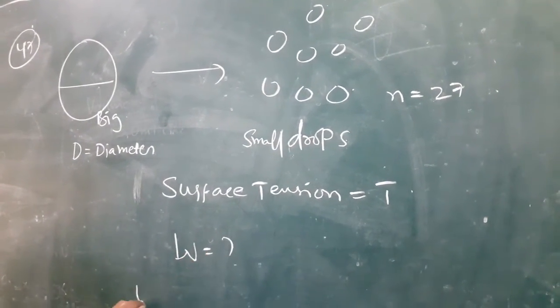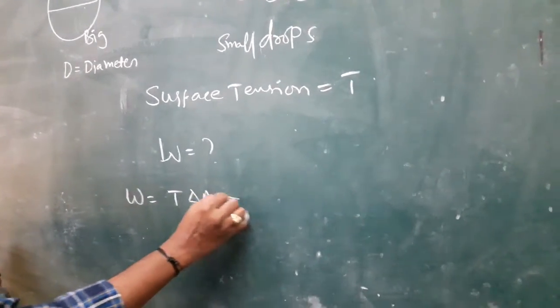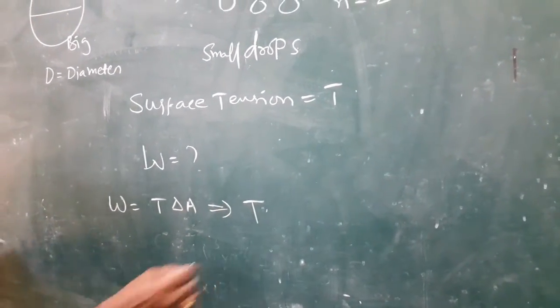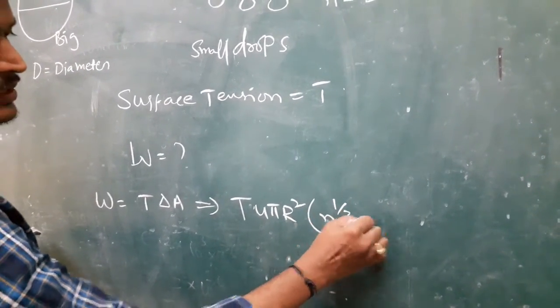Work done is equal to surface tension into increase in area. The formula is T into 4 pi r square into n to the power of 1 by 3 minus 1.